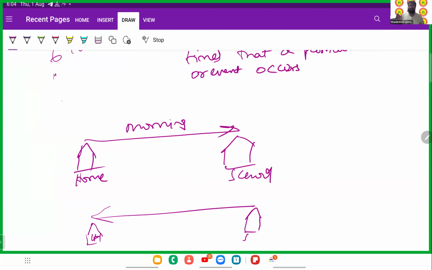So what is your frequency? I am checking how many times you are moving between home and school in a day. So how many times? 2 times, right?